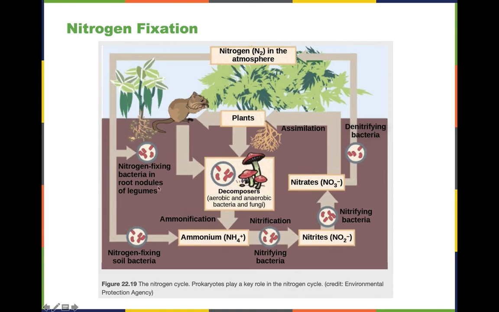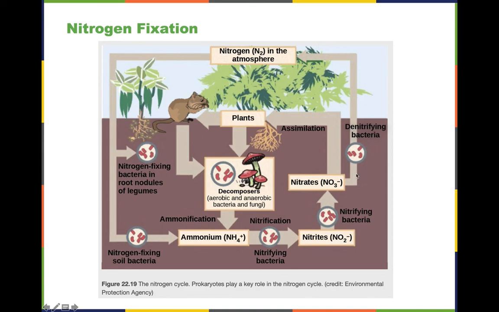So there are lots of different types of bacteria involved in capturing nitrogen and giving it to other organisms such as plants. But some of the nitrogen needs to go back into the atmosphere. That's why we call this the nitrogen cycle.